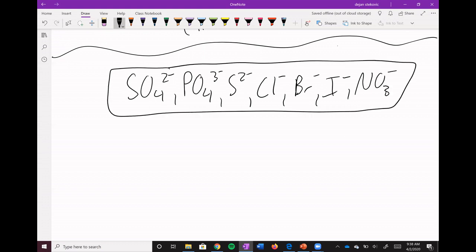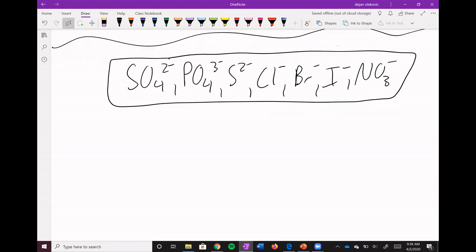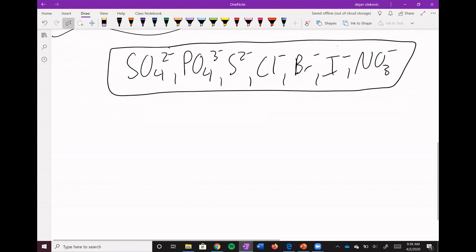You can see there's 1, 2, 3, 4, 5, 6, 7 anions. So we're going to go through this and identify whether each one is present or not present. And so we're going to have a known solution that has all 7 ions, and then we're going to have an unknown, which has any number from 1 to 7 of these ions. And so we're going to compare them to see what's in our unknown.